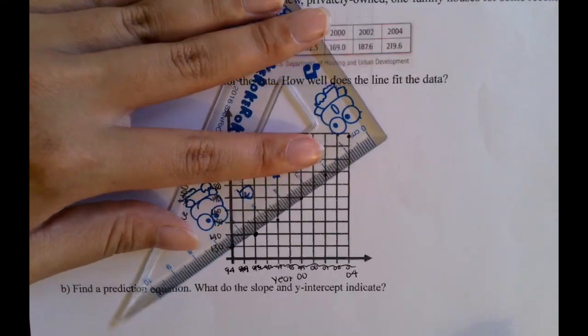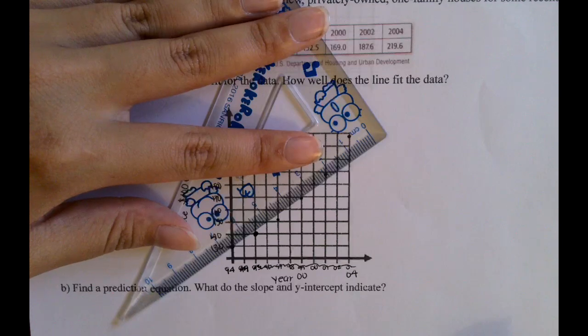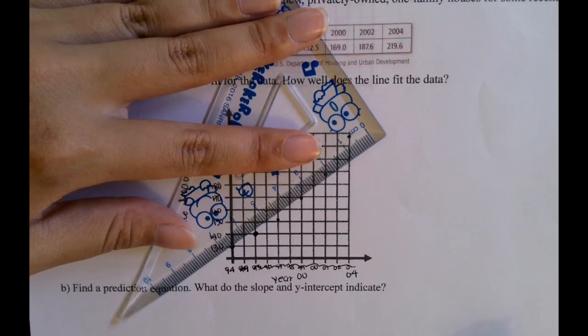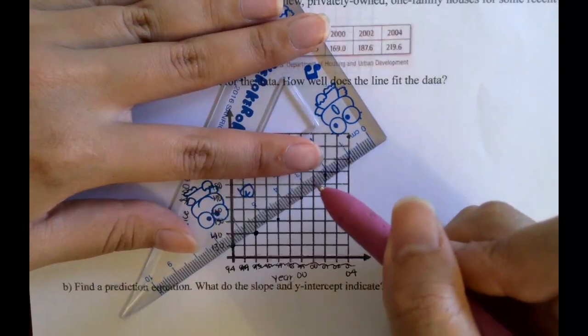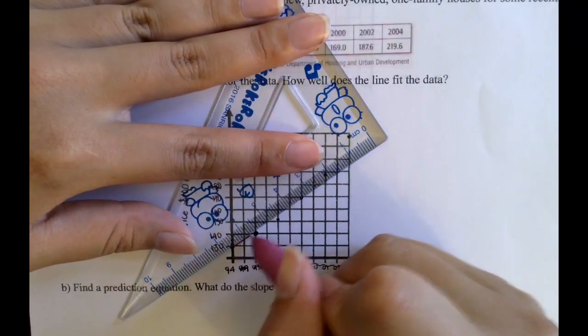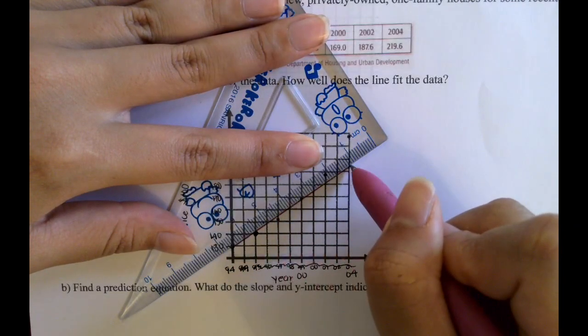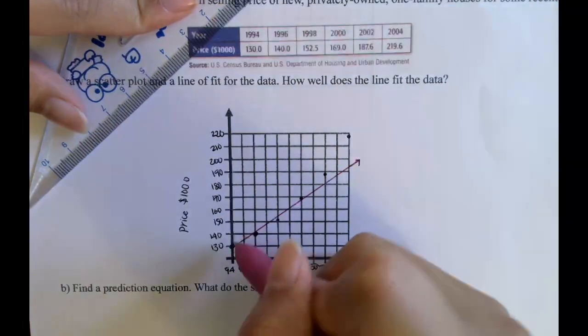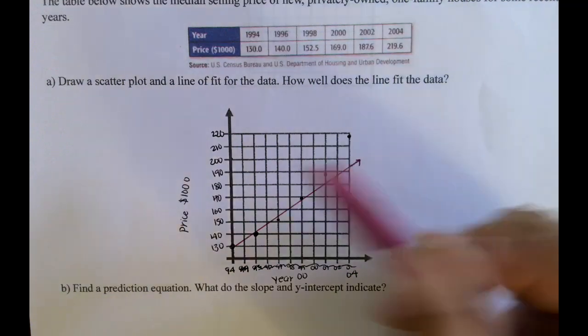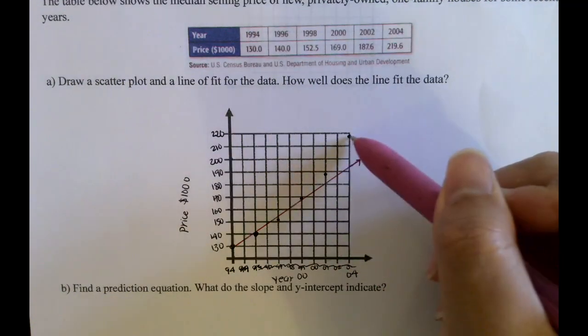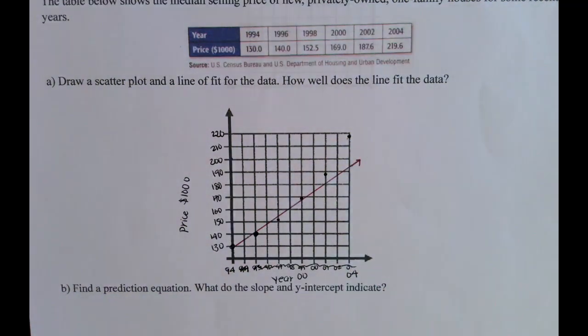So I'm going to do it this way. And this is my line of best fit. Okay. I have some above, below. This one's kind of an outlier, right? So it's hard to go through it, okay?